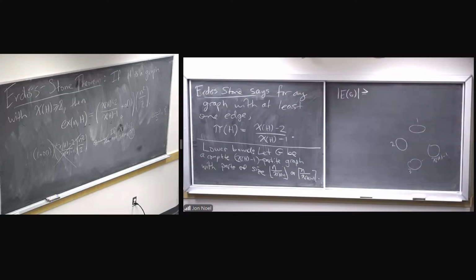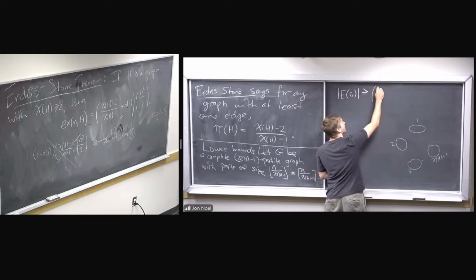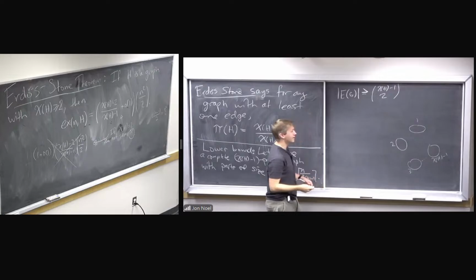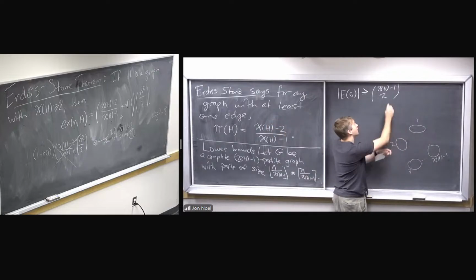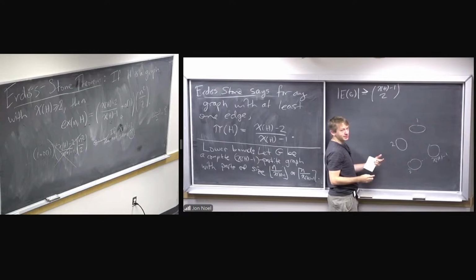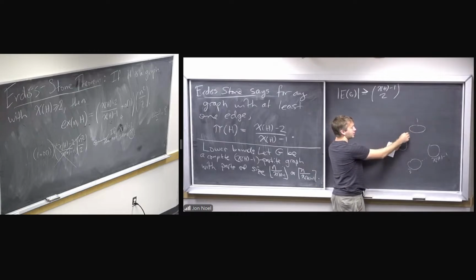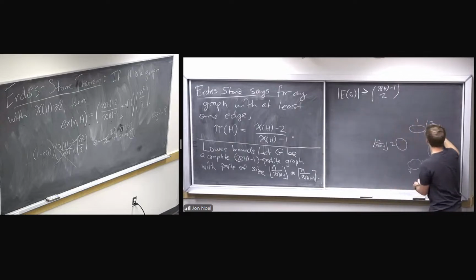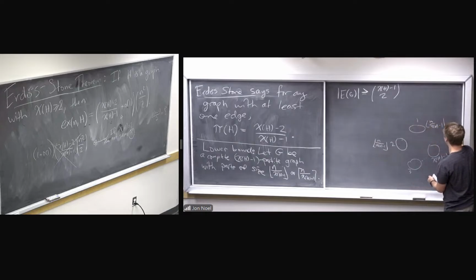If I choose 2 parts, I've got chi of H minus 1 choose 2 ways of doing it. And between those 2 parts, let's say both parts end up being on the small end, both n over chi of H minus 1. How many edges would I see between them?